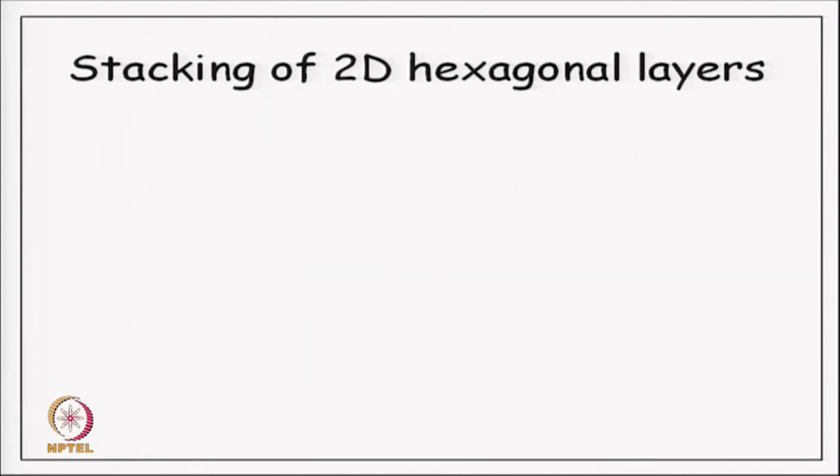Recall that we are trying to stack 2-dimensional hexagonal layers. So, hexagonal symmetry is already inherent in the layer itself. So, the fact that by AB stacking we got a hexagonal crystal was in a sense not a surprise. We started with a 2-dimensional hexagonal layer and we got a 3-dimensional hexagonal crystal.